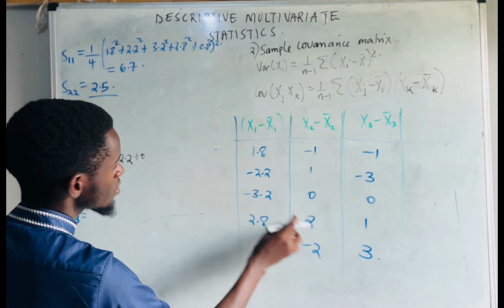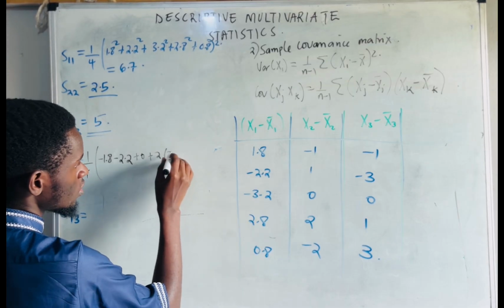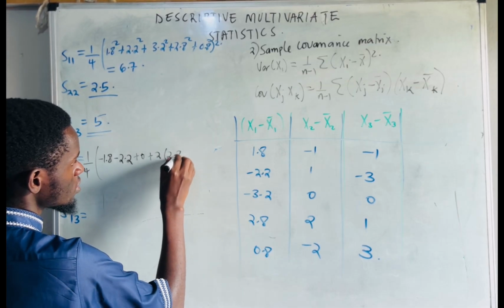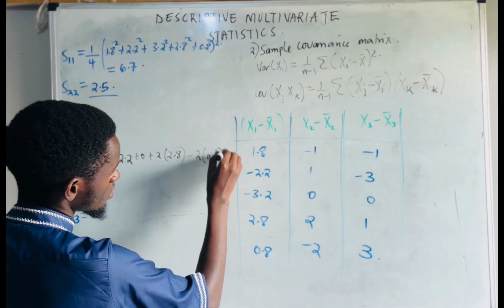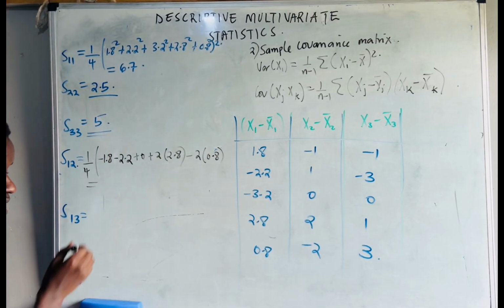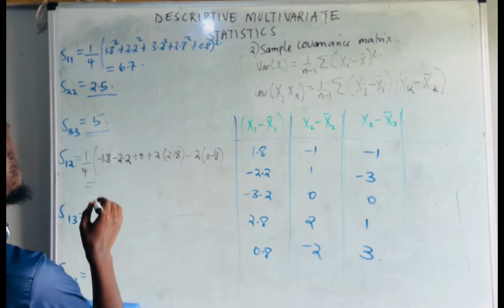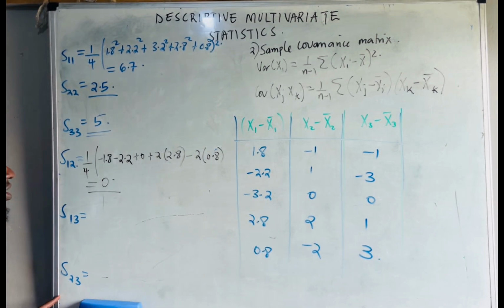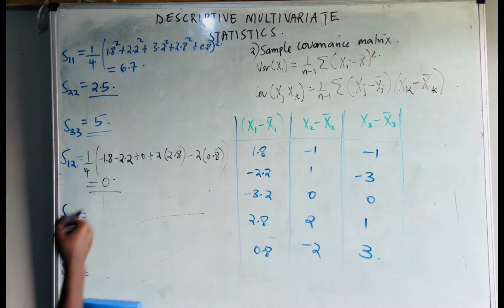And then this times this is plus 2 into 2.8. And then this times this is minus 2 into 0.8. And our answer is going to be very easy, because it's going to be 0. If you add this you have 0, divide by 4 is 0.